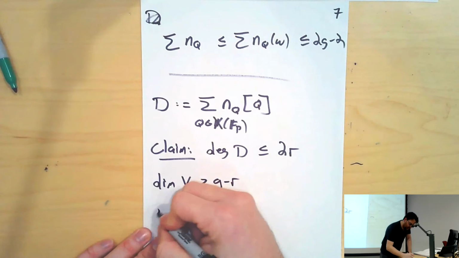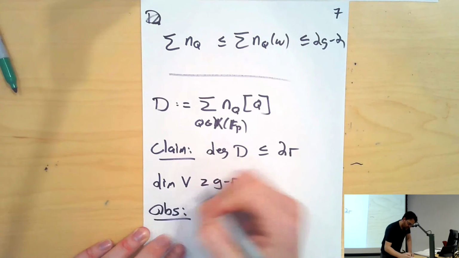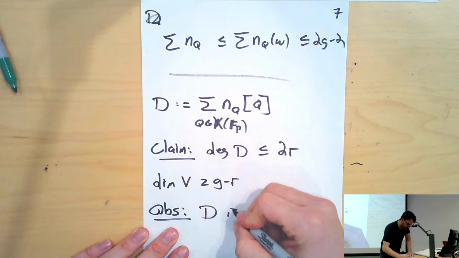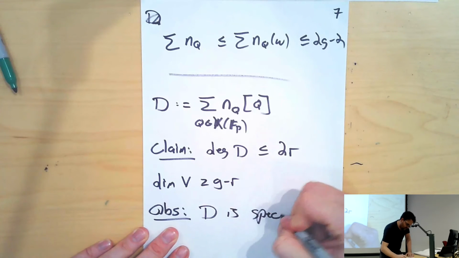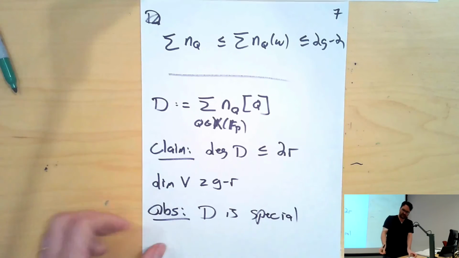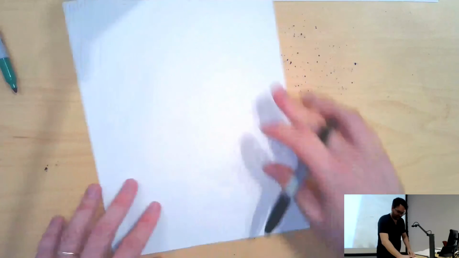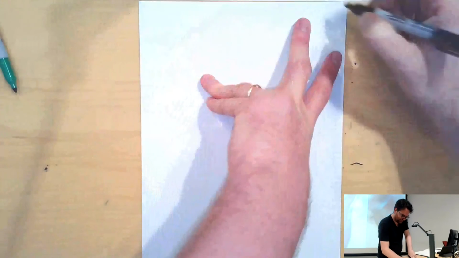And then his observation is that D is special. Everybody's read chapter 4 of Hartshorne. What does special mean?